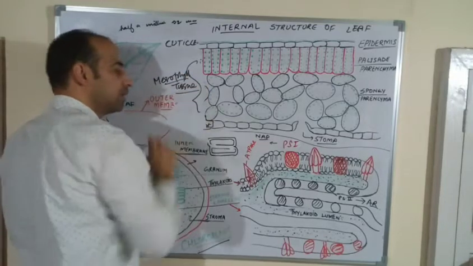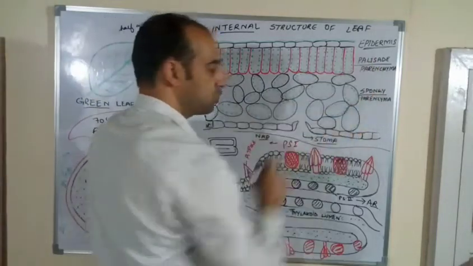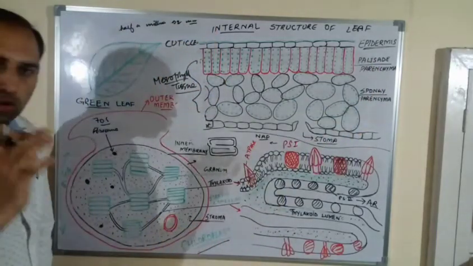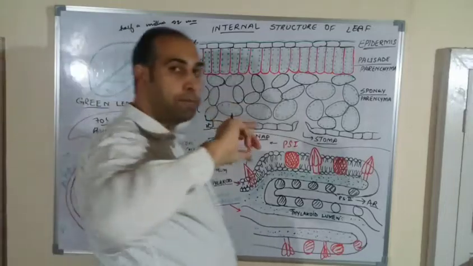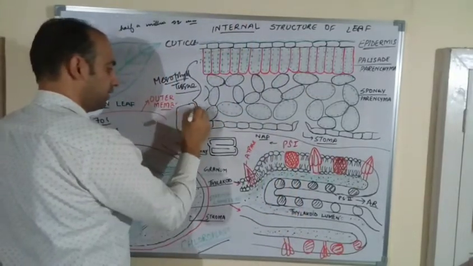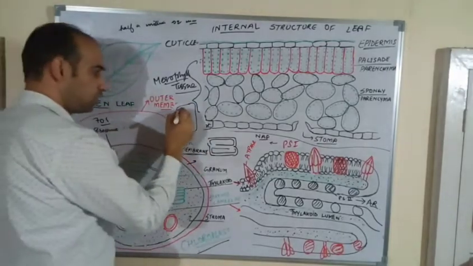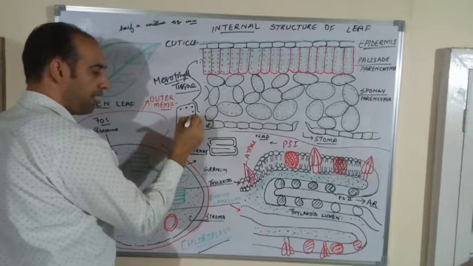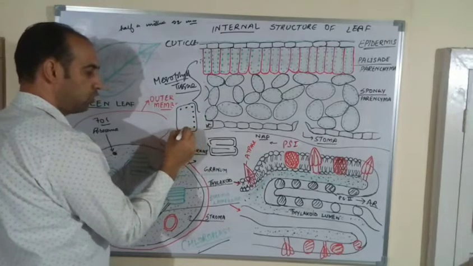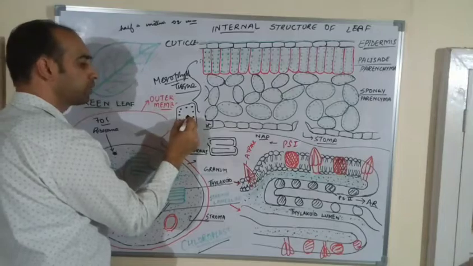Okay, inside the mesophyll cell, whether palisade or spongy parenchyma, the chloroplast occurs in the periphery of the cytoplasm. We can draw the mesophyll cell here, where the chloroplast occurs in the periphery of the cytoplasm.